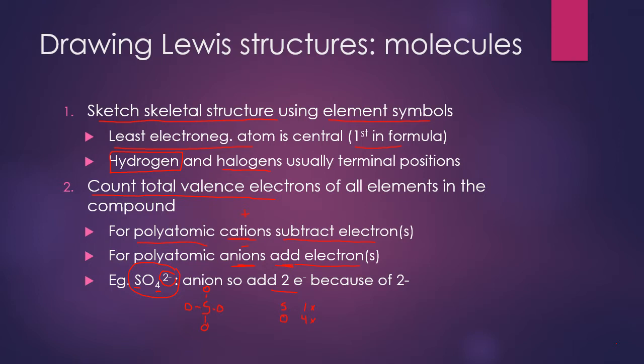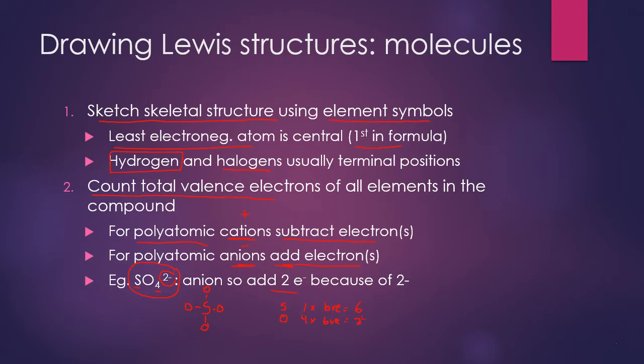Sulfur is in group 16, so it's going to contribute 6 valence electrons. Oxygen is in the same group as sulfur, so it's also going to contribute 6. That means I have 6 electrons coming from the sulfur, and 4 times 6, I have 24 electrons coming from the oxygens.